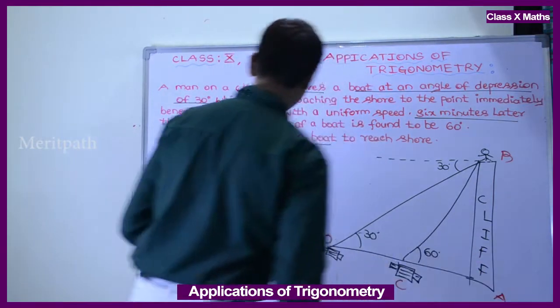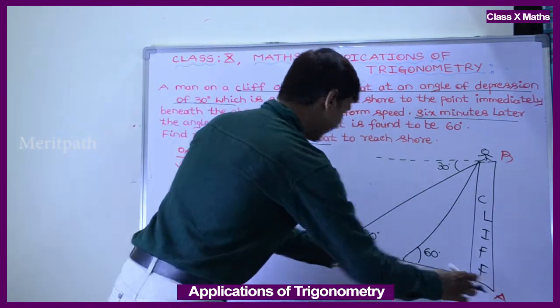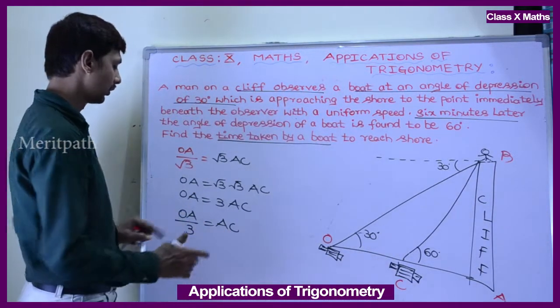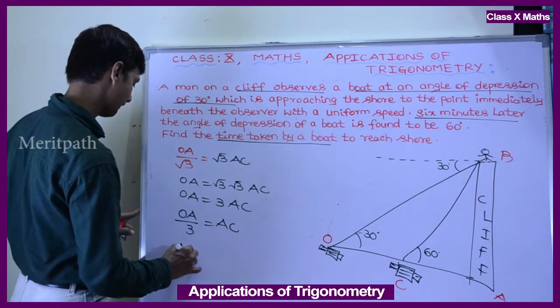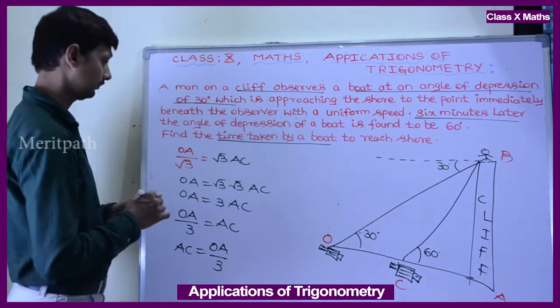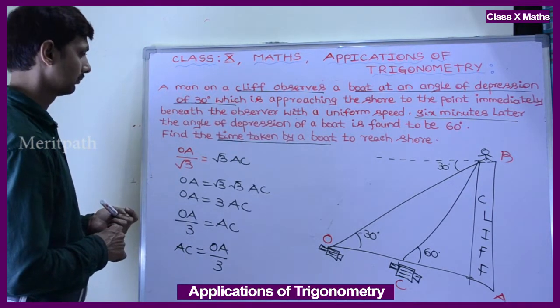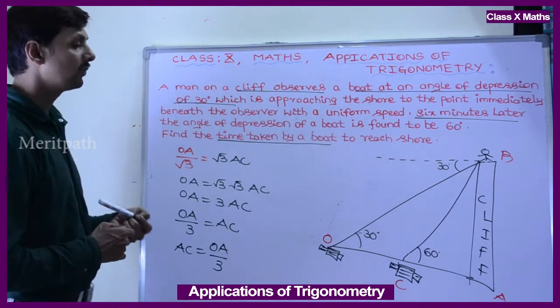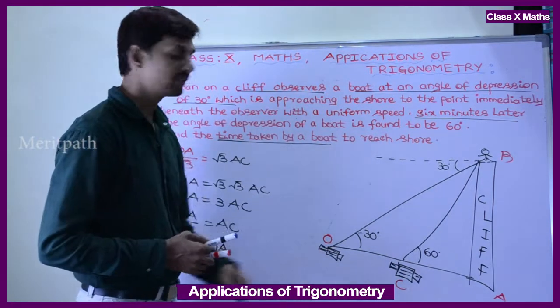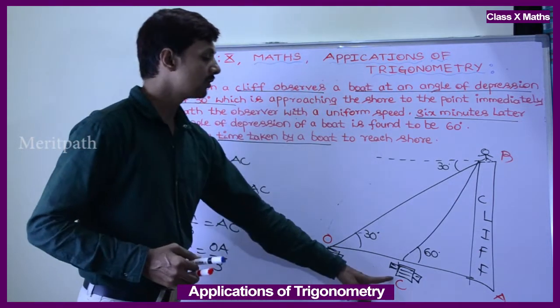From here to here, the relation between OA and AC is that AC equals OA by 3. Now we need to find the value of OC.